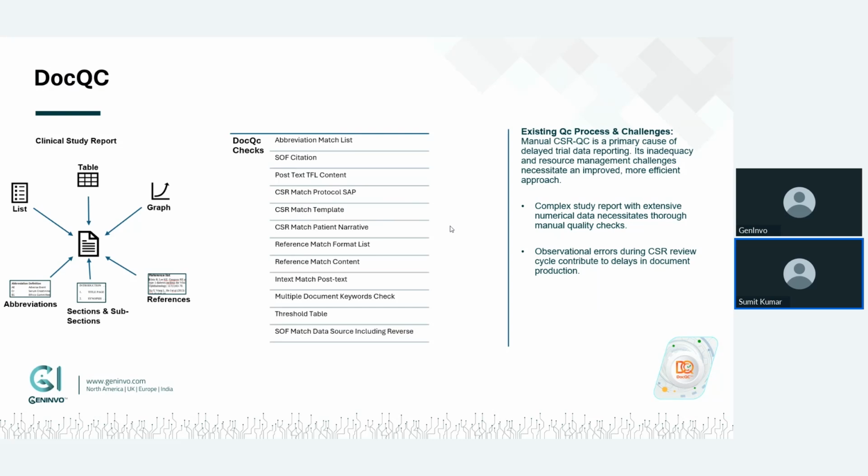Now I'll talk about the advantages of the DocQC, and why it is important for the medical writer in CSR QC. First thing, it reduces the time to finalize the CSR from last visit to last treatment.